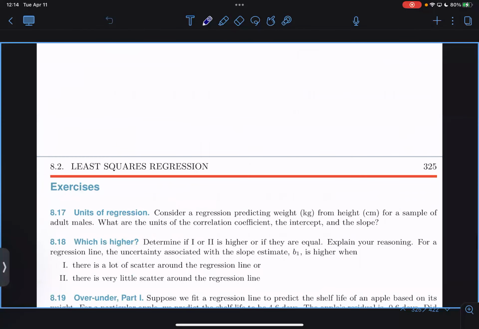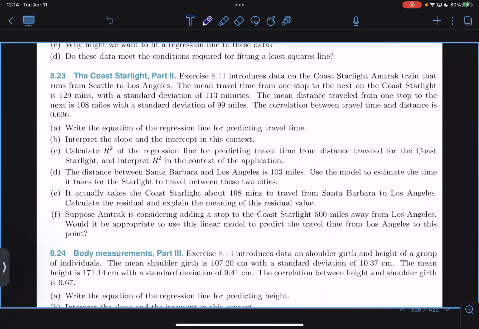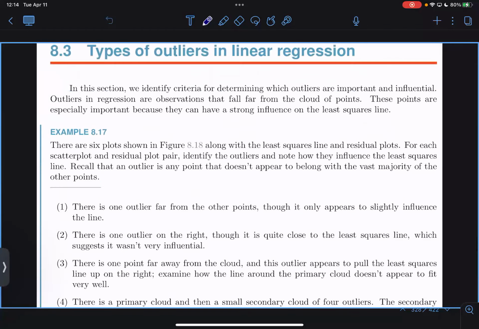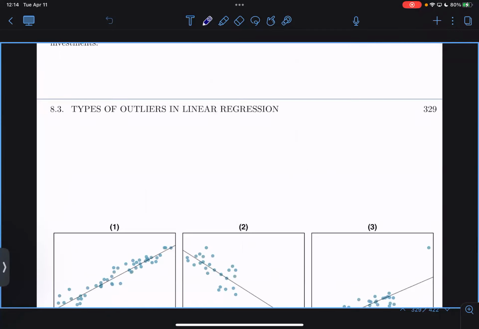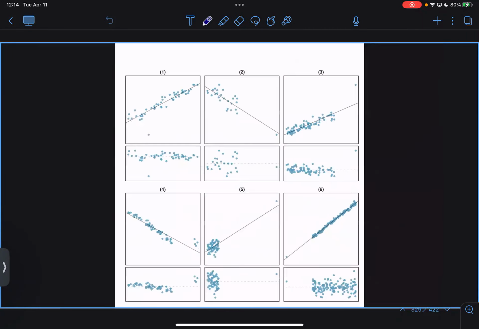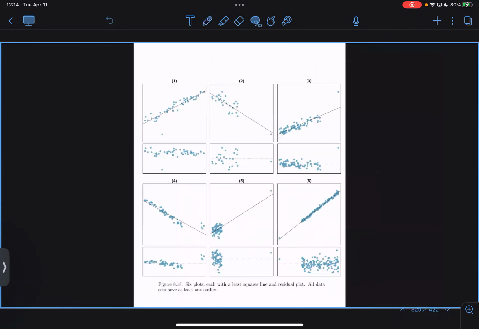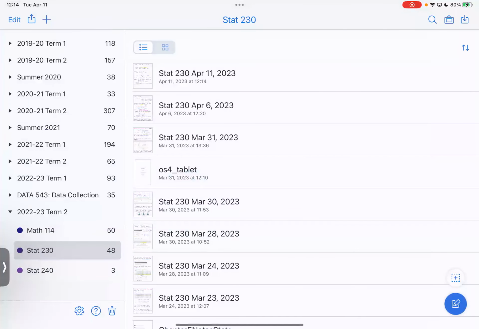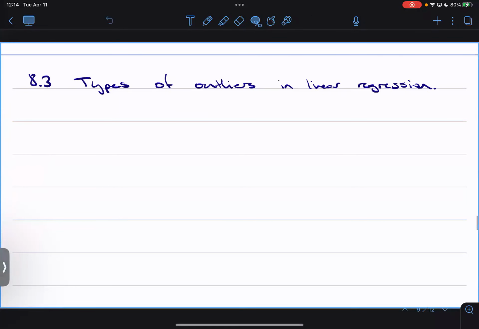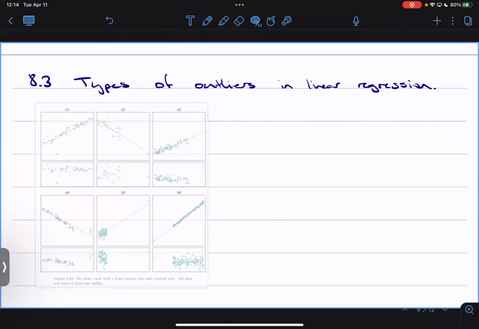So there are different types of outliers, of course, and a lot of dealing with different outliers is just going to come from experience, unfortunately. But there are a couple of rules of thumb that I want you to keep in mind.